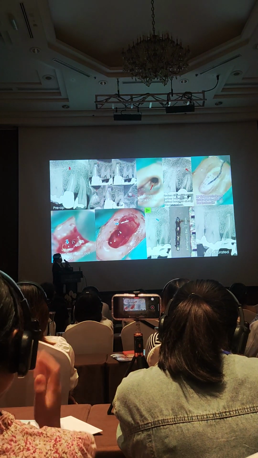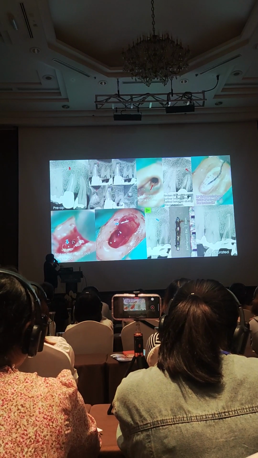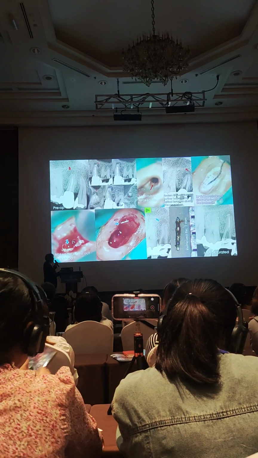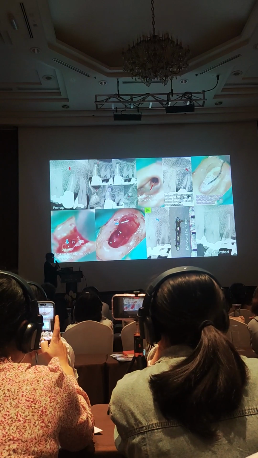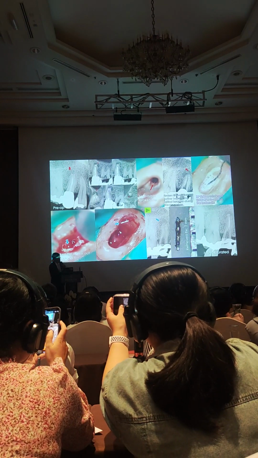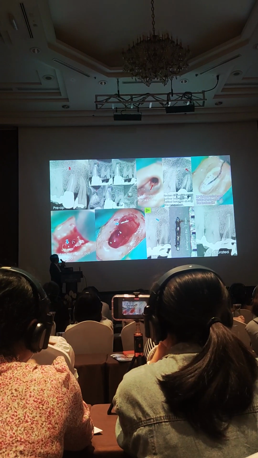Another case, you see the broken instrument completely here beyond the apical foramen. Oh, where is my cursor? Okay. Sorry. Anyway, here.